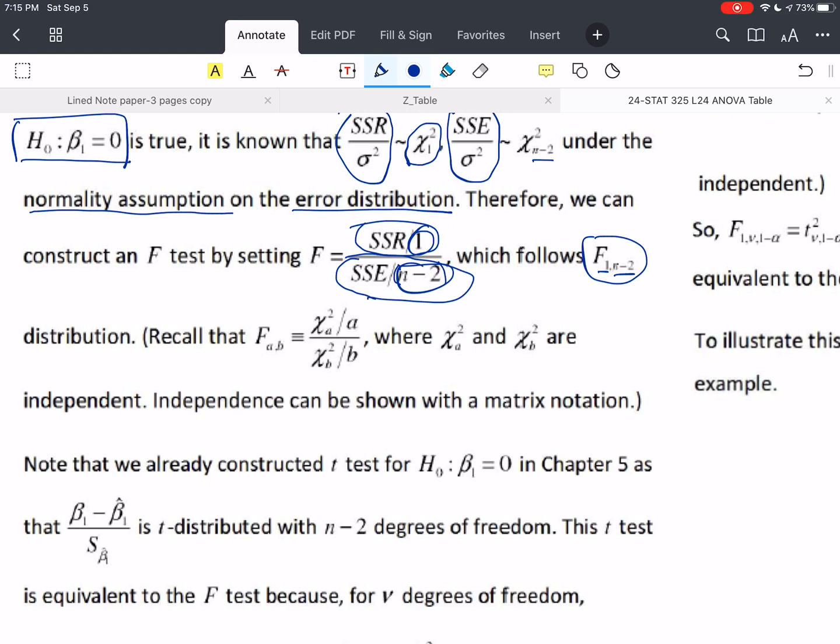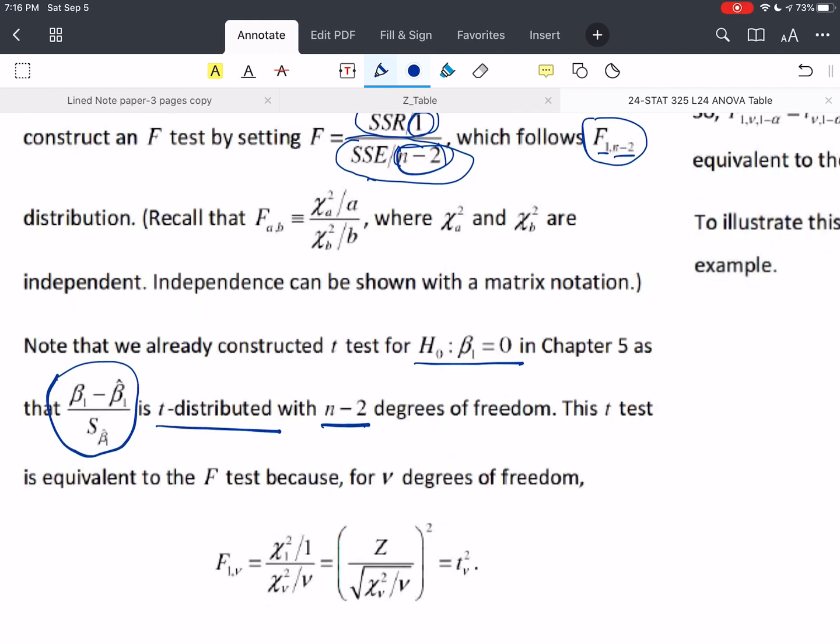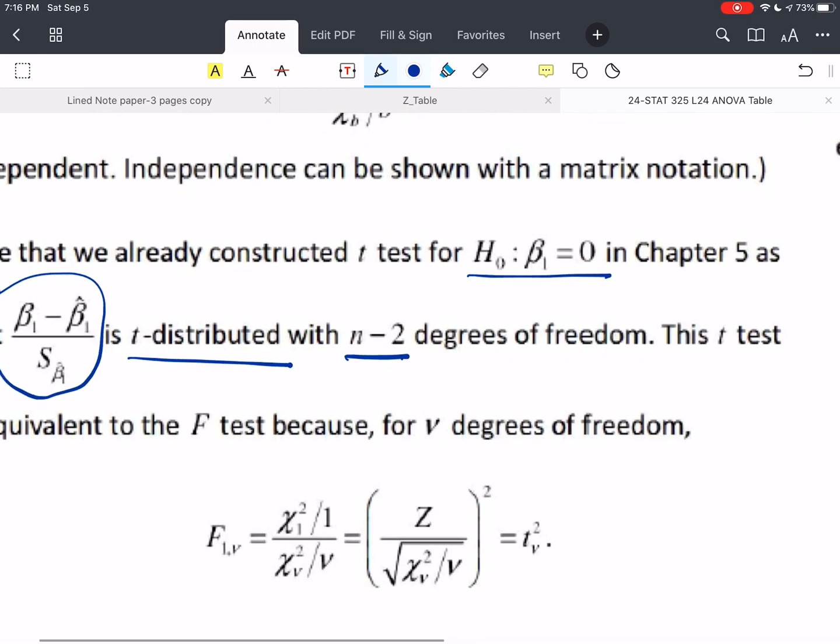So we've already constructed a t-test for this in Chapter 5, and that was in this format, beta 1 hat over the standard deviation of beta 1 hat. And that is a t-distribution with n minus 2 degrees of freedom. And this is equivalent to the F test, because for nu, that's the Greek letter nu, degrees of freedom, we have the F of 1, and this is important.